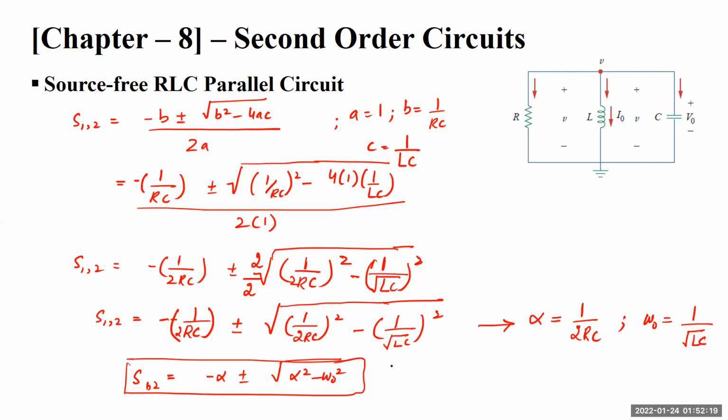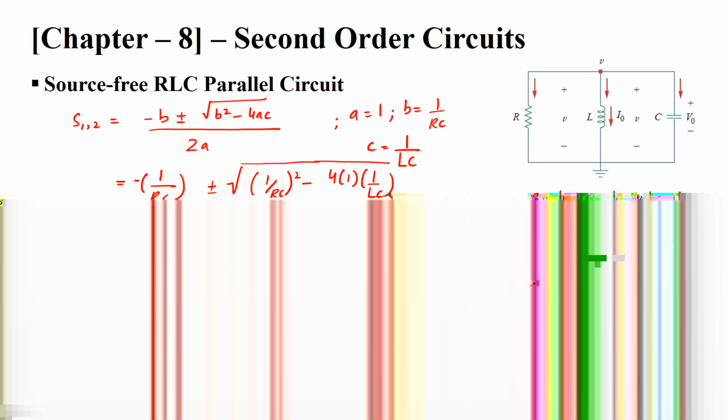S1 and S2 are, remember, the damped natural frequencies. Omega naught is the resonant frequency of the circuit. Alpha is the damping ratio.